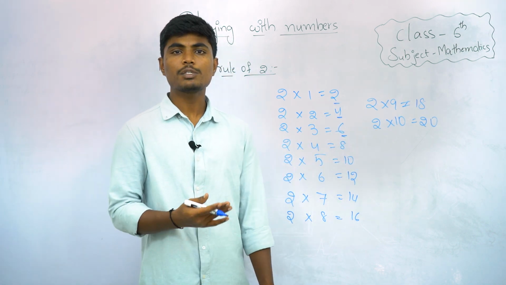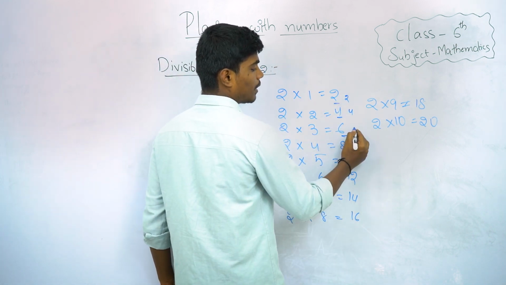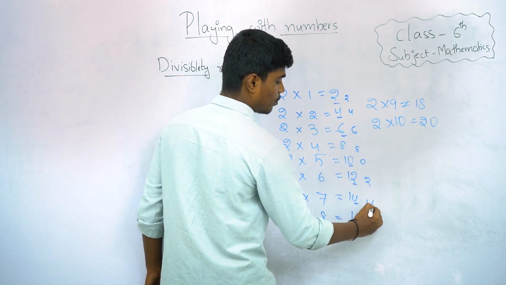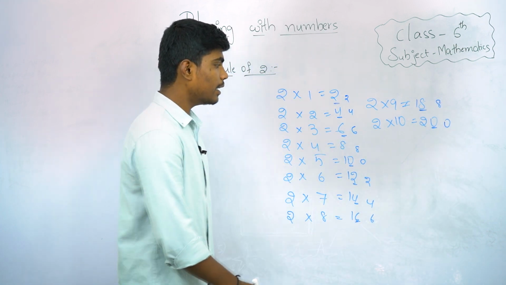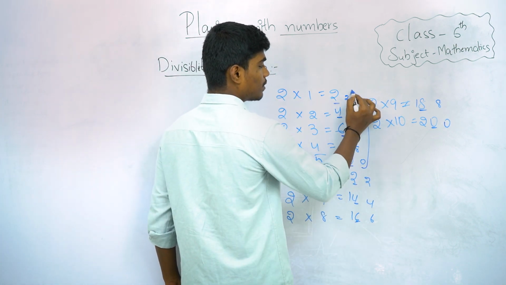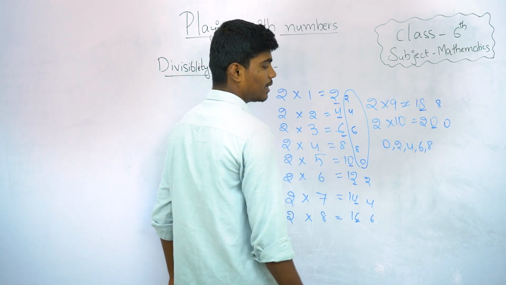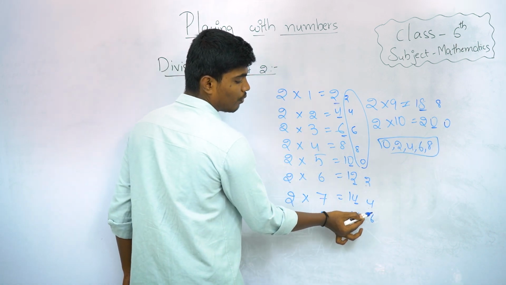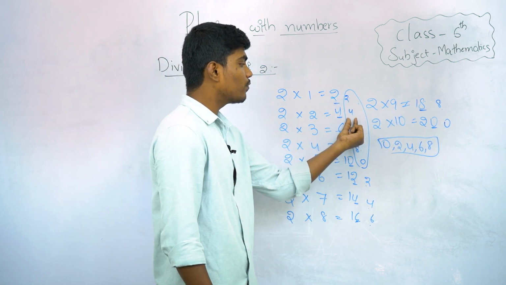Now, let's see the ones place in each number: 2, 4, 6, 8, 0, 2, 4, 6, 8 and 0. If we check the ones place of the multiples of 2, the numbers we are getting are 0, 2, 4, 6, 8.